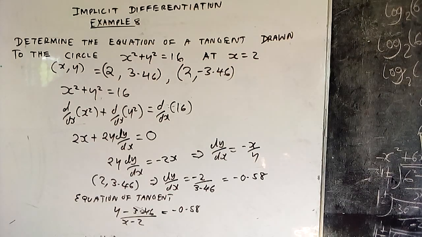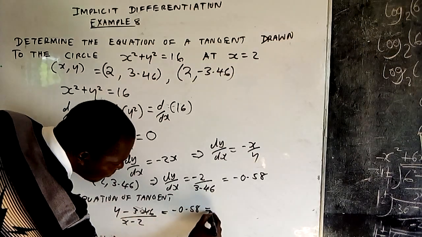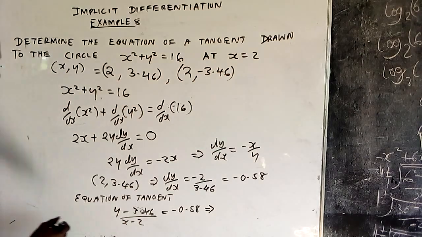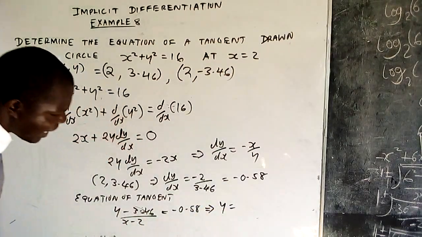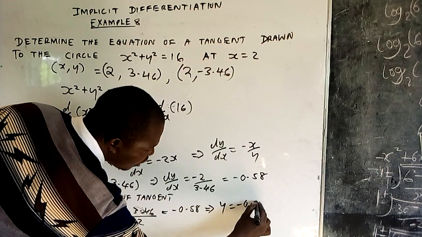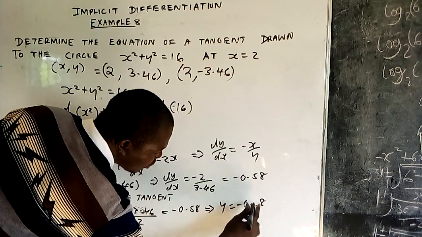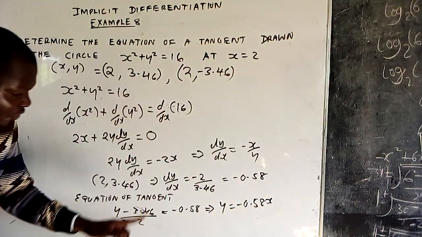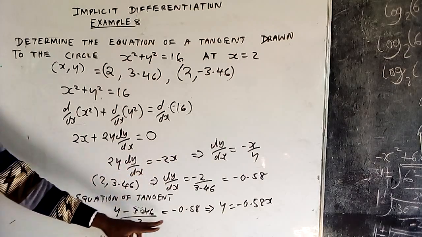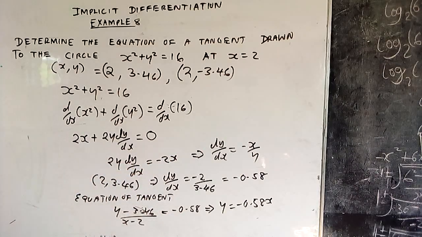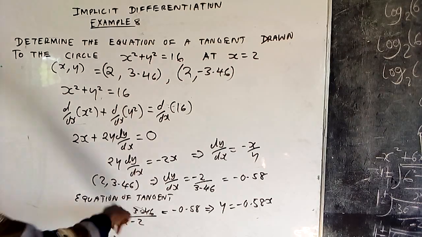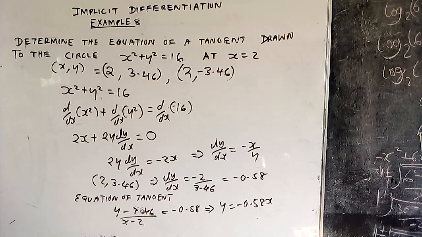So if you simplify that given equation to be in the form y equals mx plus c, then you end up with y equals negative 0.58x. Do the calculation and give me that value. Negative 2 times negative 0.58 is 1.6. Then negative 3.46 going to the other side of the equation, you add, isn't it? Are we together?